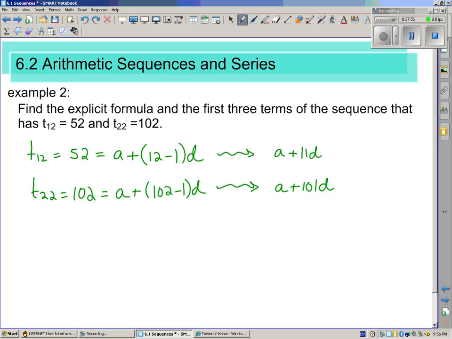But let's look at what we have. We have an equation happening here. There's a 52, there's a 102. Let's put these in. We know that this is equal to 52. This is equal to 102. I have a system of linear equations, and I just know how much you love to solve a system of linear equations from your grade 11 course.